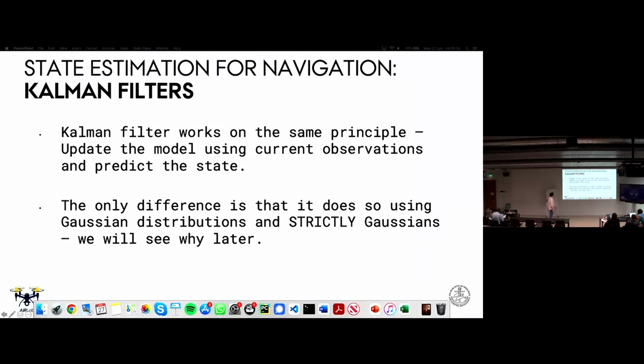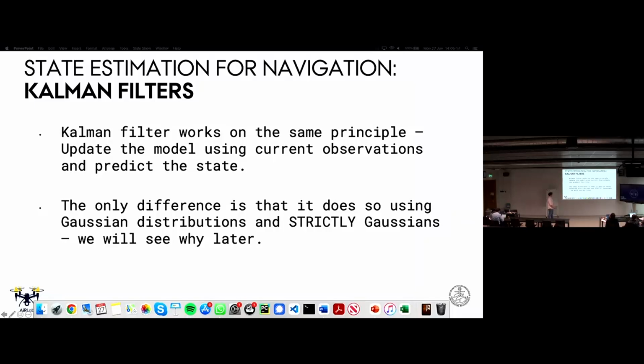Yeah. So a Kalman filter works on the same principle as a Bayes filter, obviously, since it's based on it. You update the model using the current observations, and you predict the state. And you keep doing this until you converge onto your appropriate readings, if you will.